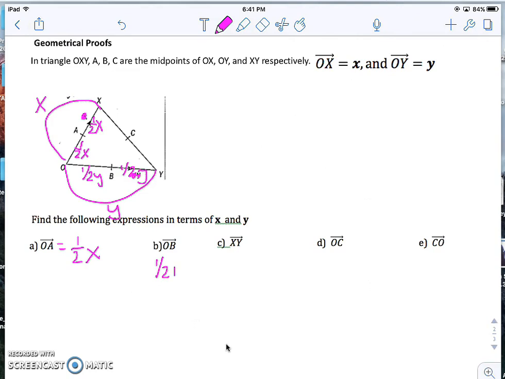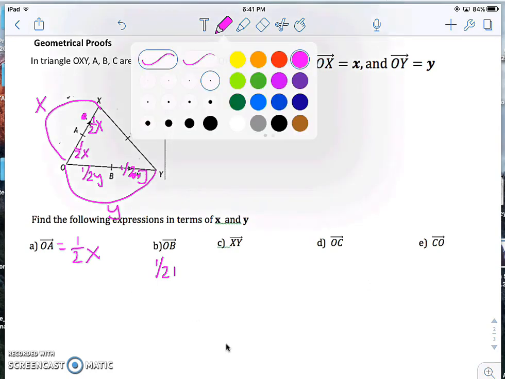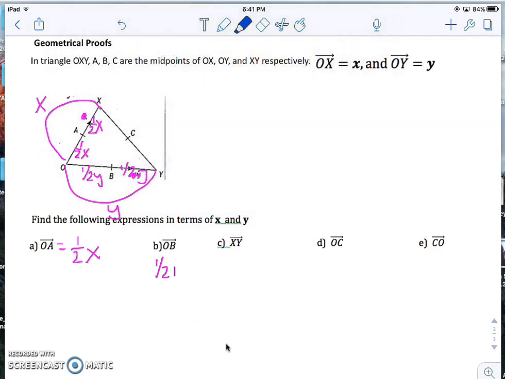And now it's saying X to Y. So we want to know how to get from X to Y. Well, we don't know that length, so we're going to have to go around these other ways.